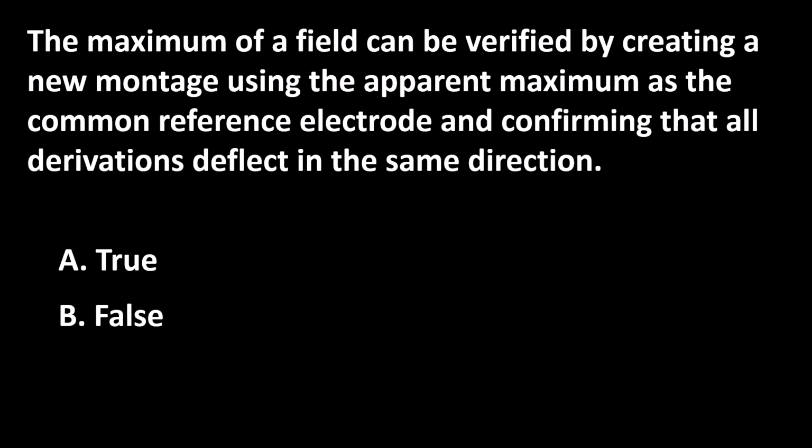Next question. The maximum of a field can be verified by creating a new montage using the apparent maximum as the common reference electrode and confirming that all derivations deflect in the same direction. A true, B false.